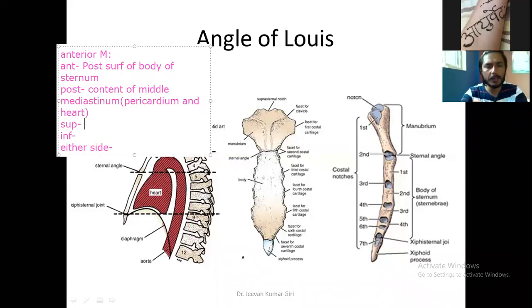What may be the superior then? Transverse thoracic plane. It is not the transpyloric plane, okay? Transverse thoracic plane. What is inferior?